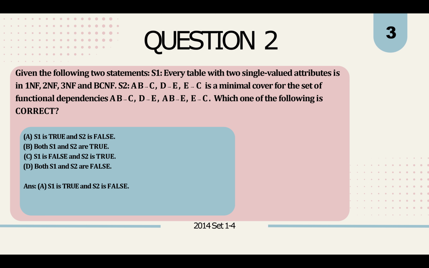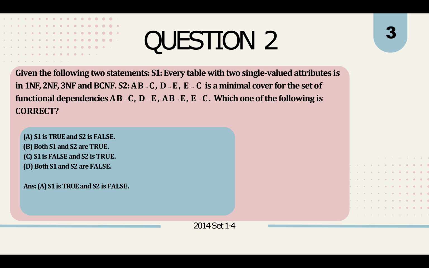So moving on to the next question, given the following two statements. S1: every table with two single-valued attributes is in 1NF, 2NF, 3NF and BCNF. S2: AB → C, D → E, E → C is a minimal cover for the set of functional dependencies AB → C, D → E, AB → E and E → C. So we have to find out which of the following is correct.